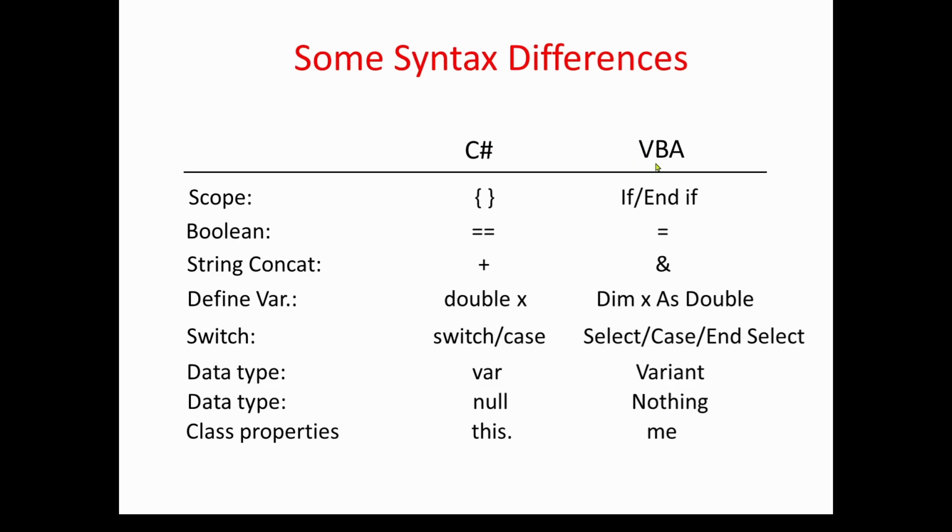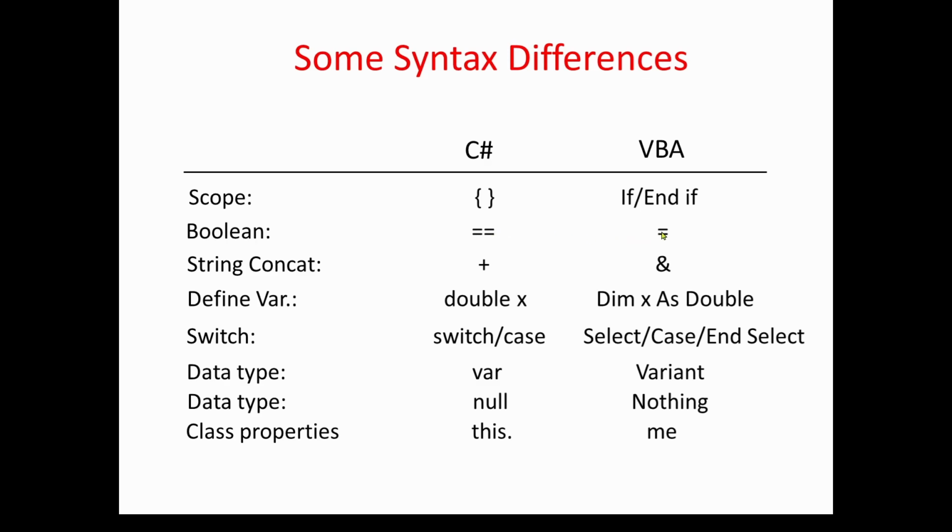You define scope in C# by the curly braces. Not in VBA. You have to write out the scope. For example, for an if statement, you have to write out an End If, and that defines the scope. For Booleans, you do a double equals in C#.